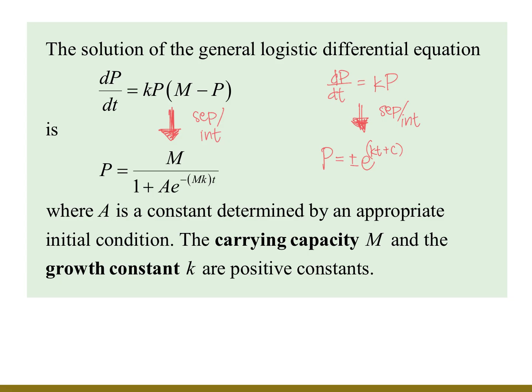You should know where M shows up in both places. In other words, you should know where M shows up in the differential form and where M shows up in the solved form. You should know where K shows up in both places. Those are going to be clues.